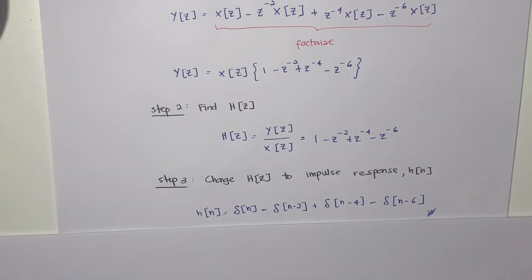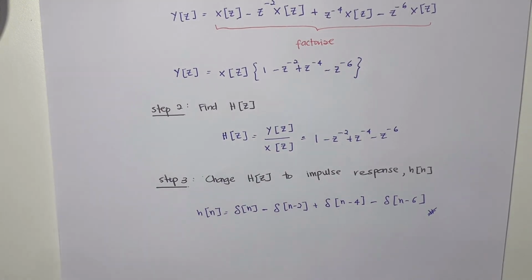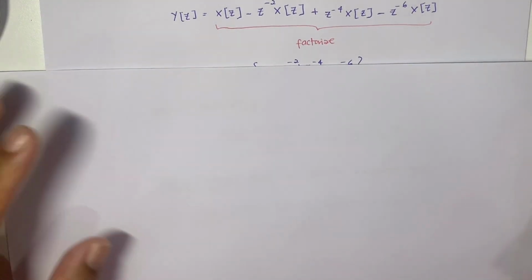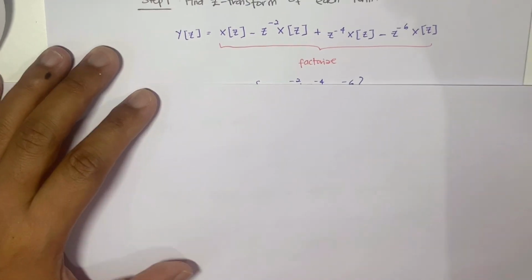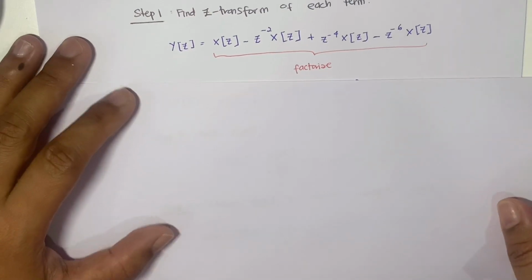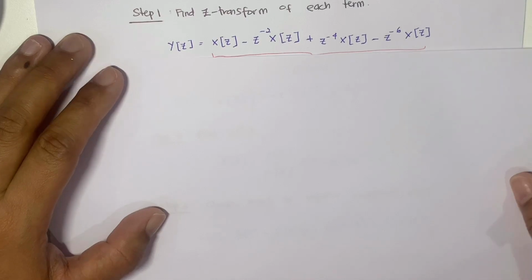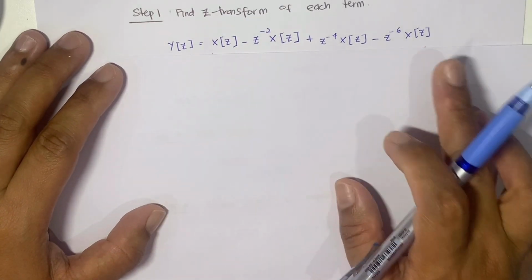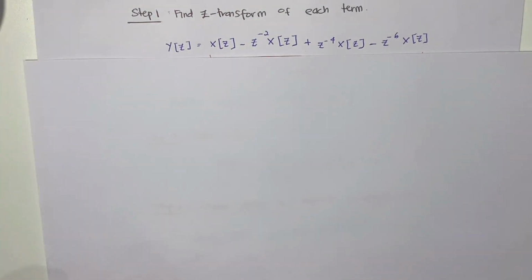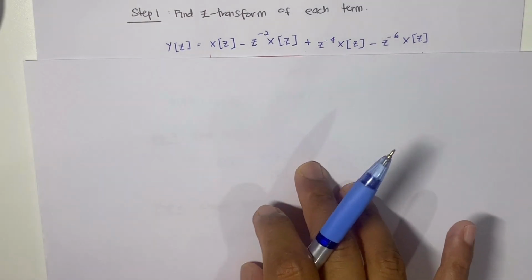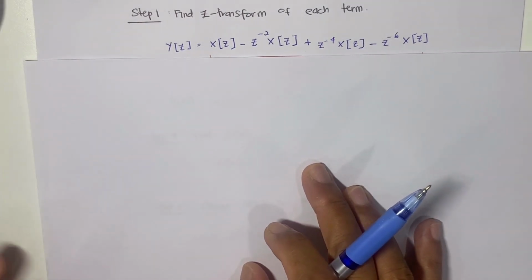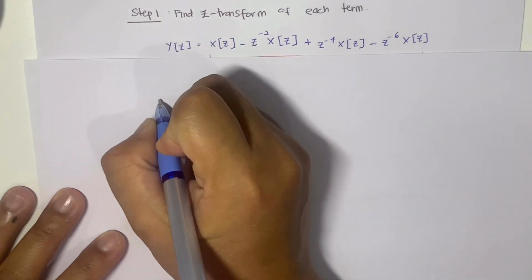Okay. This is the answer for impulse response, and I will teach you how to draw the block diagram. So the first thing you need to refer to this Z transform expression, and then you need to start from left, which is start from input xz.